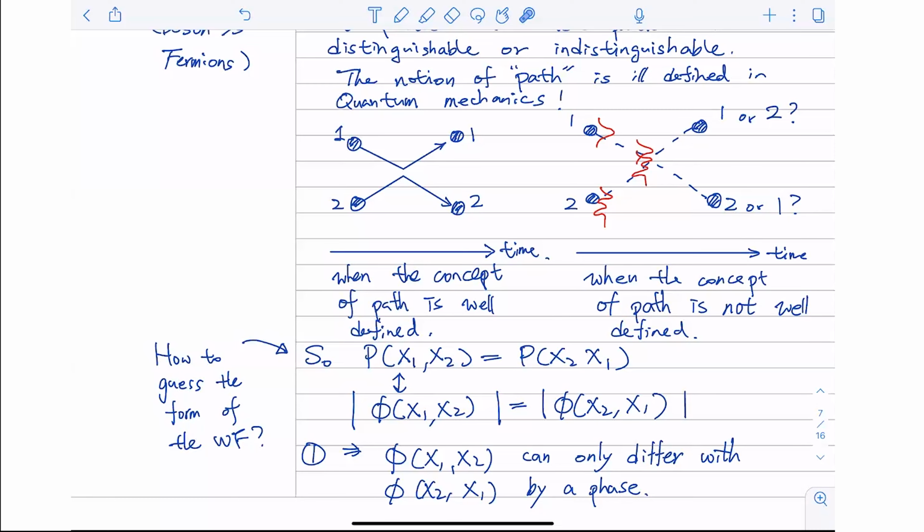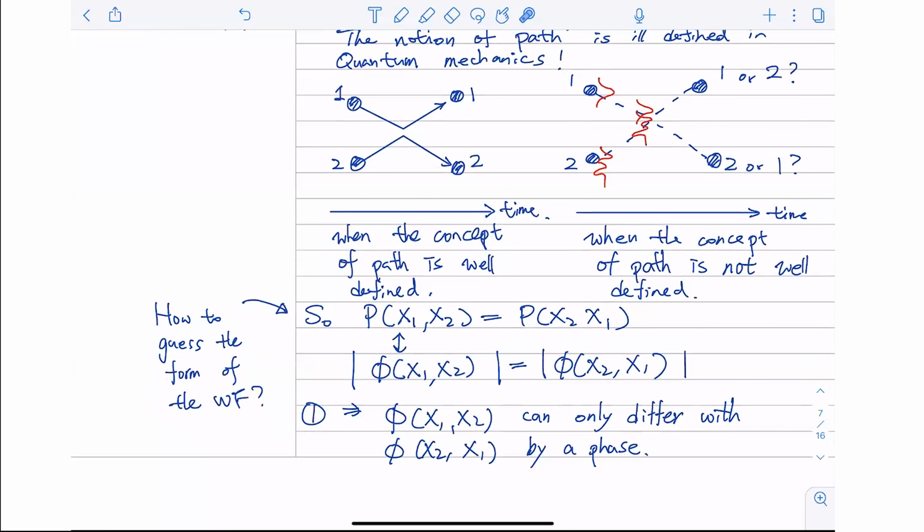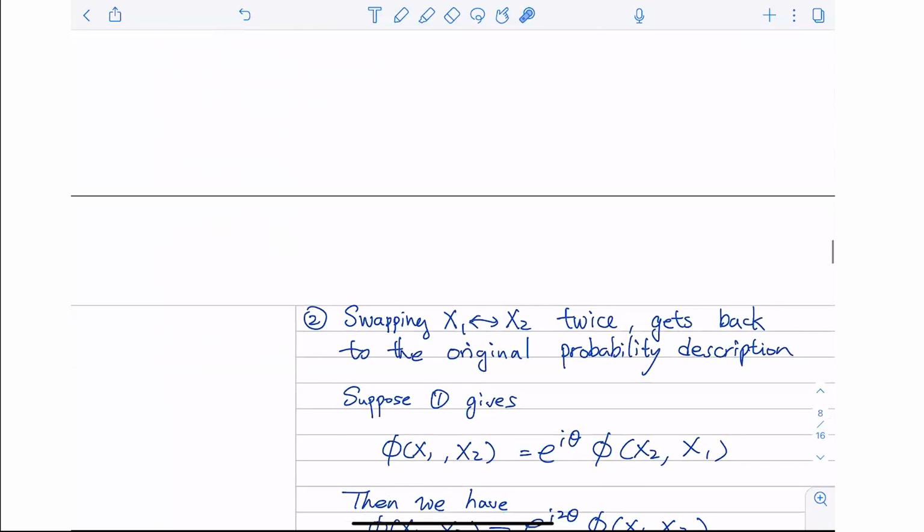The argument suggests that the probability of particle 1, 2 should be equal to the probability of particle 2, 1 in space. Because of that, and because of the probability interpretation of the two-particle wave function, the wave function phi(x1, x2) can only differ from phi(x2, x1) by a phase factor. If there's no problem, I'll just continue.